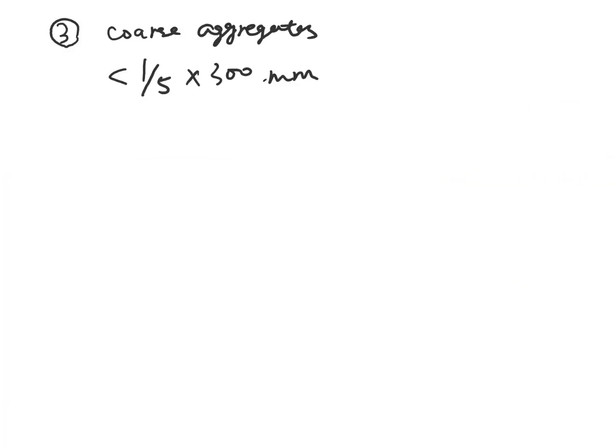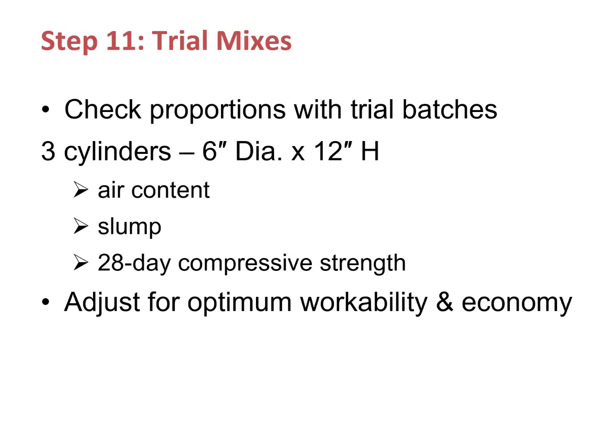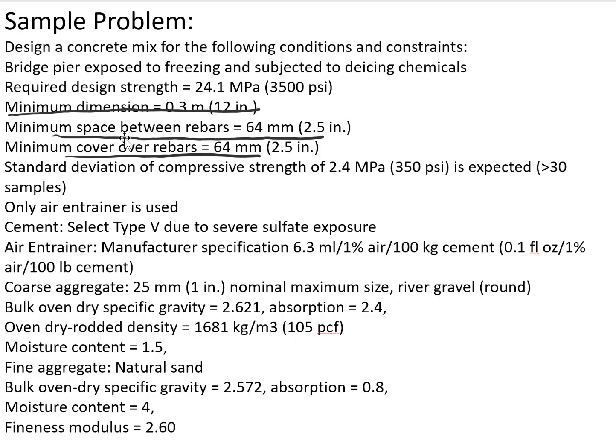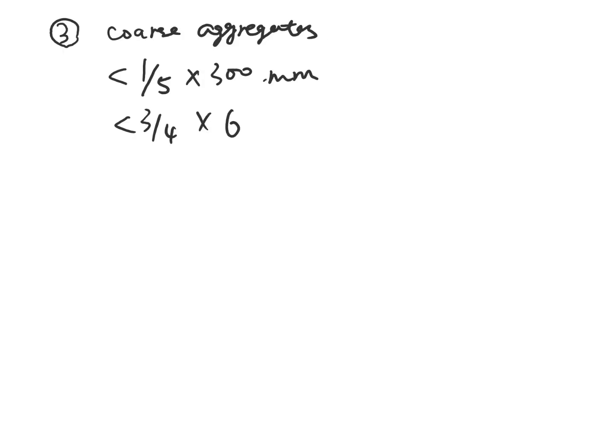So it will be less than 3/4 times, what's the value? For space between rebars and cover over rebars, both of them are 64 millimeter. So it's less than 3/4 times 64 millimeter.